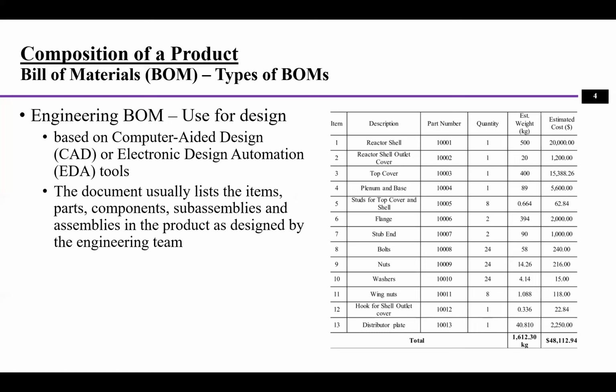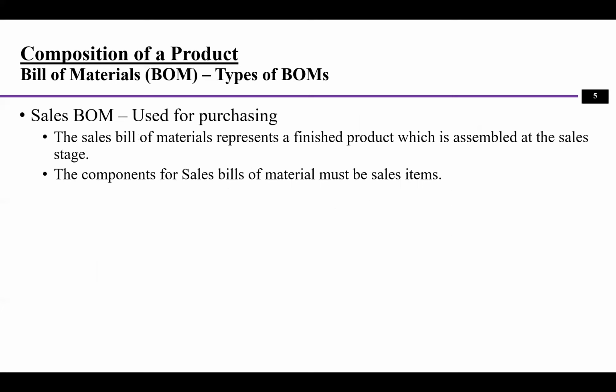So it can all be extracted from there, while sometimes you probably have to manually enter all this information in a system. So the BOM document really lists the parts, components, as well as sub-assemblies that are used in the design by the engineering team. So this is the more technical aspect of the part information, part data.